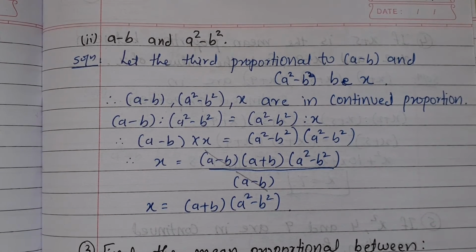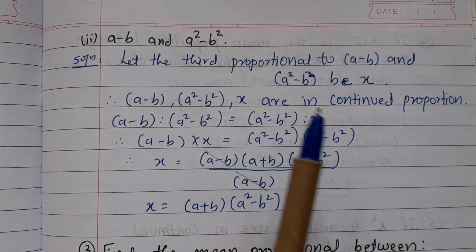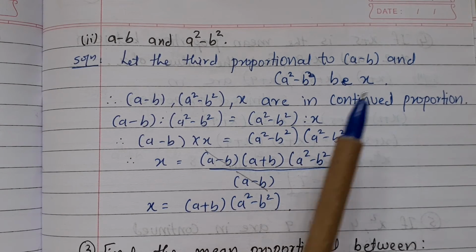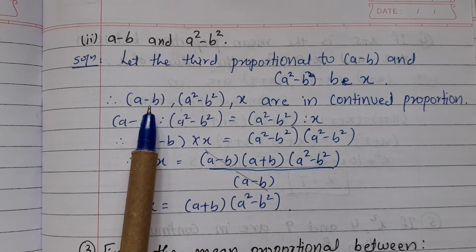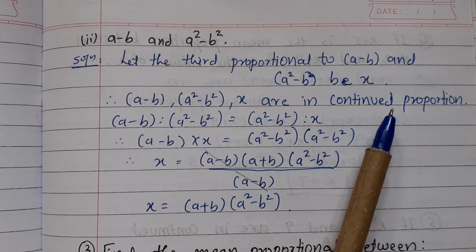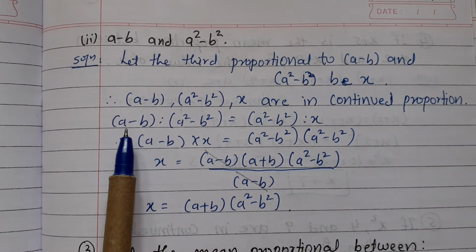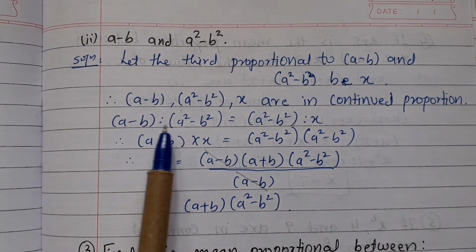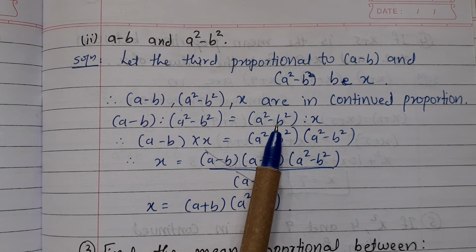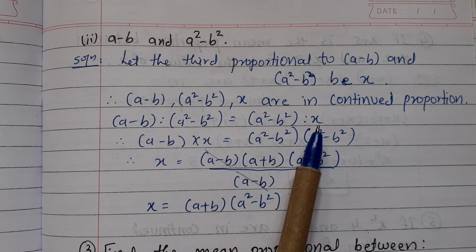Second part, a minus b and a square minus b square. Let the third proportional to a minus b and a square minus b square be x. Therefore, a minus b, a square minus b square, x are in continued proportion. a minus b is to a square minus b square equal to a square minus b square is to x.